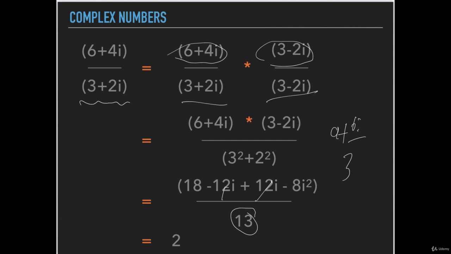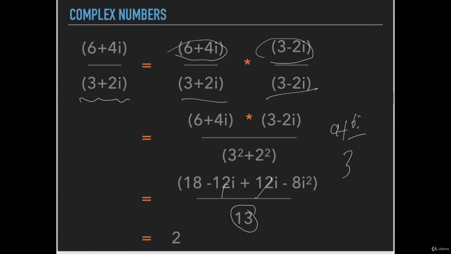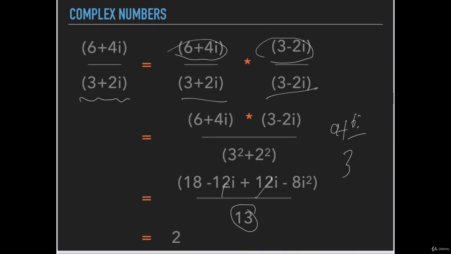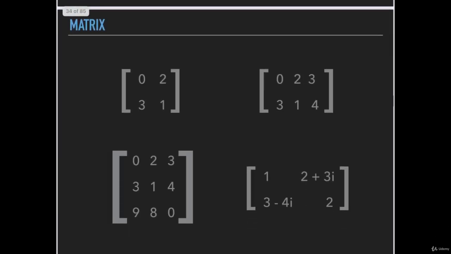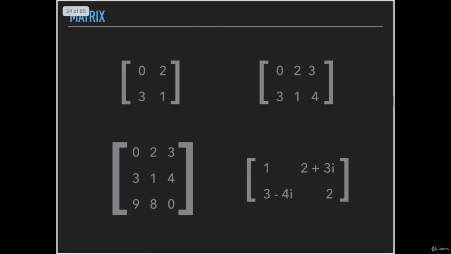Great. Now, I believe we have seen enough of the complex numbers, and you have all of those things in your slides. Okay, we're going to stop here and continue with matrices, which is one of the most important parts that we're going to be seeing during this section.